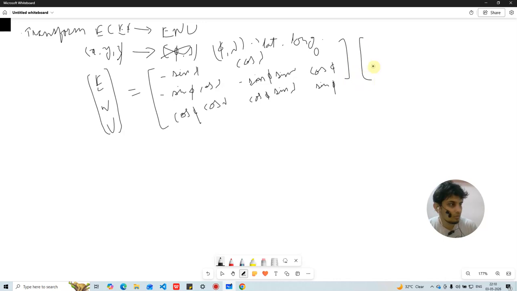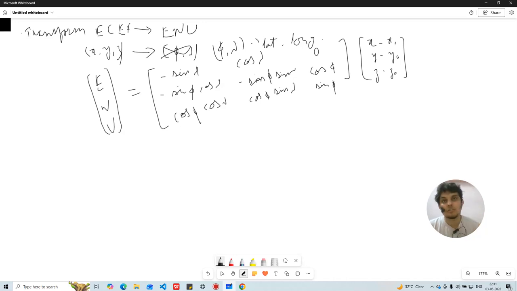And into x minus x naught, y minus y naught, and z minus z naught. Okay, so this is the rotation matrix, and honestly I'm not sure how to derive this, but let's give it the benefit of the doubt and continue.